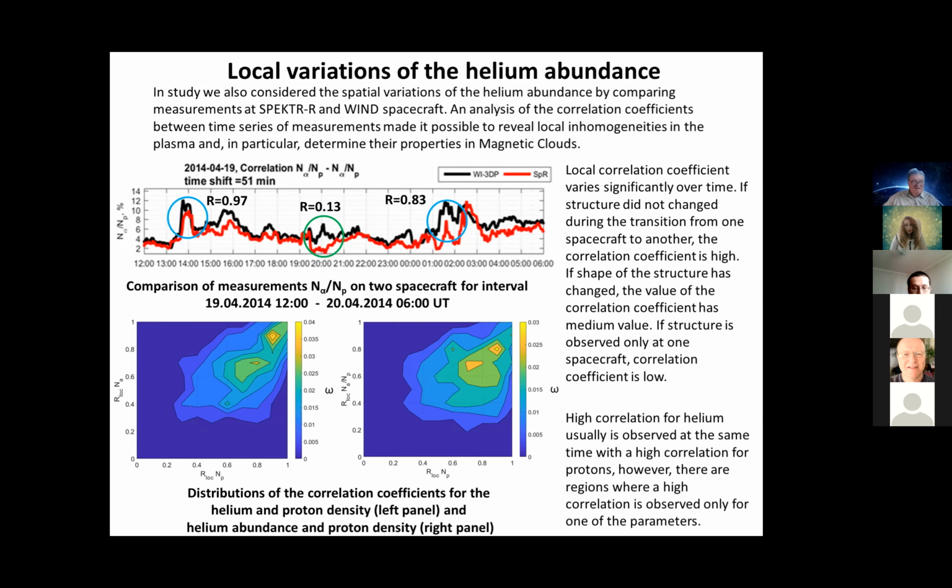If a structure doesn't change during the transition from one spacecraft to another, as in the first region, the local coefficient is high. If the shape of the structure has changed, the value of the correlation coefficient is average, as in the third region. If a structure is observed at only one spacecraft, as in region 2, the correlation coefficient is low.